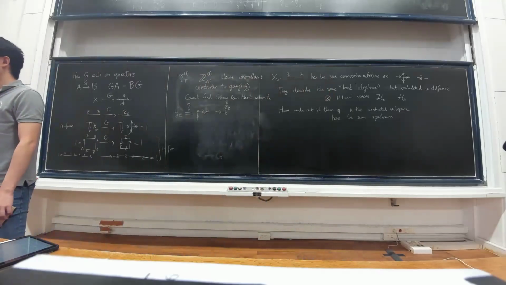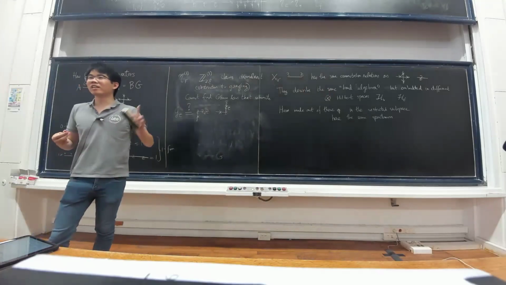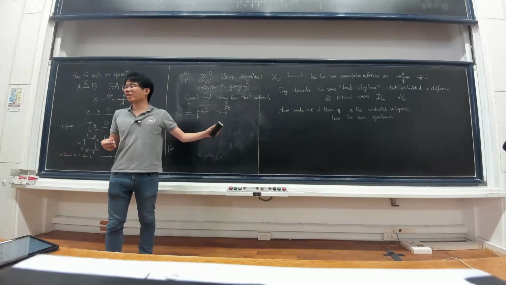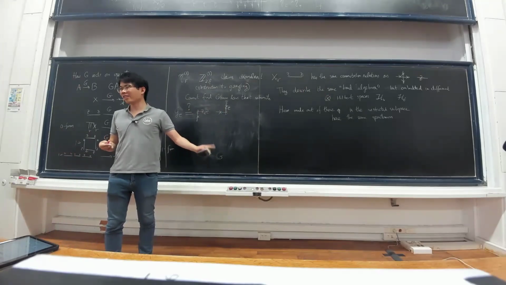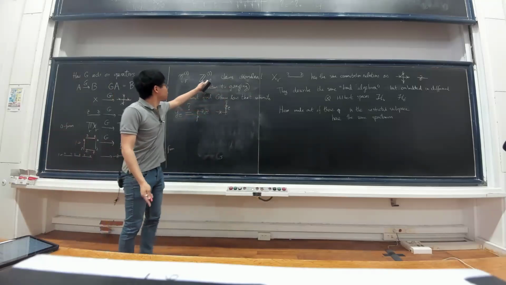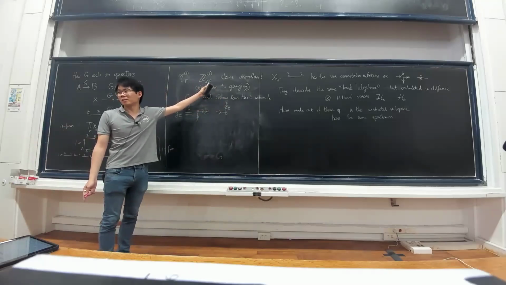By gauging, we will see the application for that. Yes. What you're saying is this is the obstruction. Yes. It's not gaugeable if you only have bosonic degrees of freedom. What I'm going to show next is if you have fermionic degrees of freedom, then you can gauge it. So the claim is that this V2 one form in a fermionic system is gaugeable, but it's not gaugeable in a bosonic system.